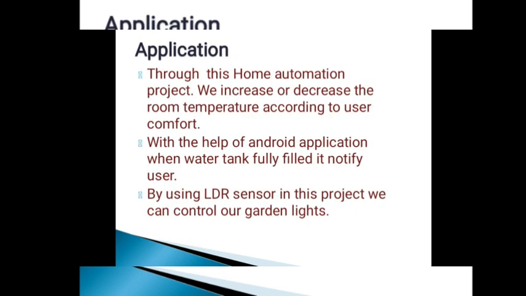Coming to the applications. Through this home automation project, we can increase or decrease the room temperature according to user comfort. For another example, take an AC. In an AC also we can increase or decrease the room temperature according to the weather conditions. Coming to the next point, with the help of the Blynk application, when the water tank is fully filled, it notifies the user.